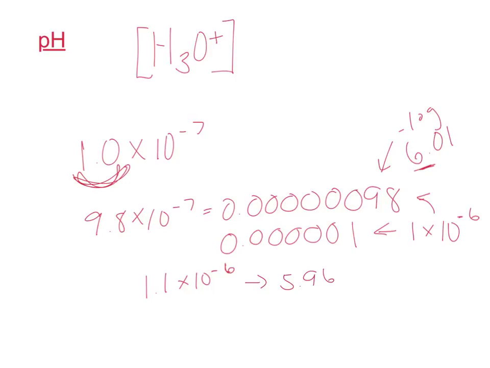It's a little bit higher of a number, so the negative log is going to be a little bit lower of a number. If you have a concentration of H3O plus that's slightly higher, 1.1 times 10 to the minus 6 versus 1 times 10 to the minus 6, that means you have a slightly more acidic solution. Thus, you have a lower pH.